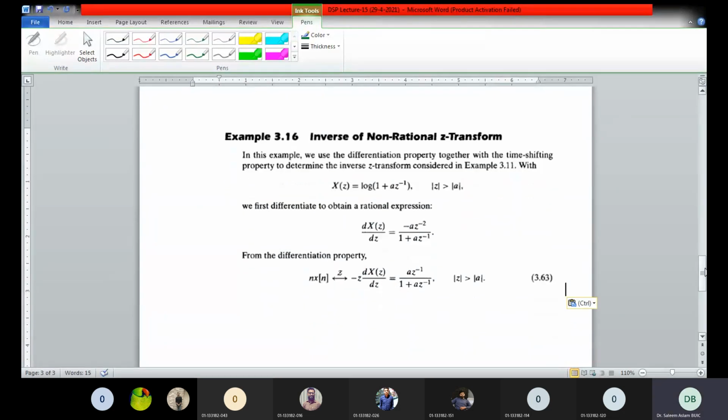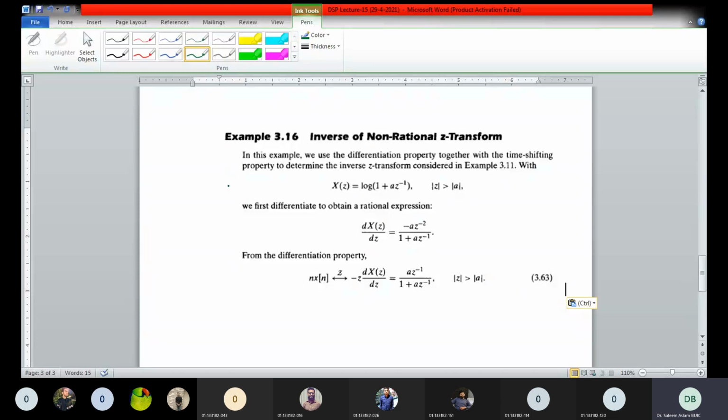This is example 3.16 of your book, and you are given X(z) equal to log of 1 plus a z inverse. So now you are given X(z), and you are asked to compute the inverse z transform. You can find the inverse z transform by exploiting this multiplication by a ramp, or differentiation, property. How? Let me explain. Actually, what is given to you?